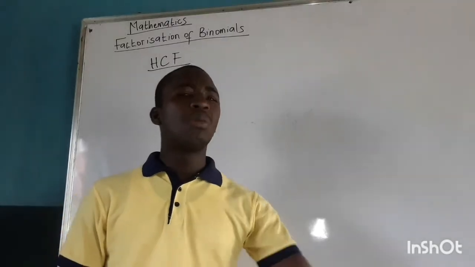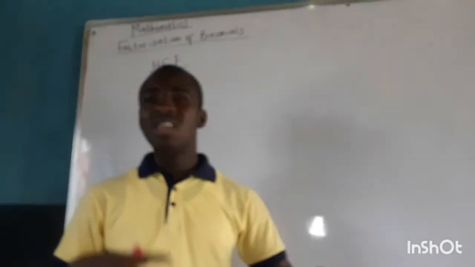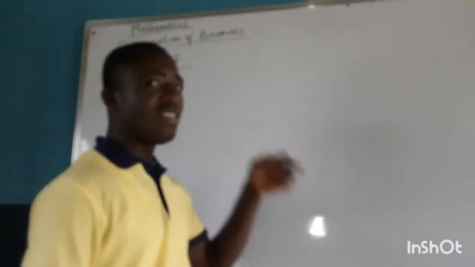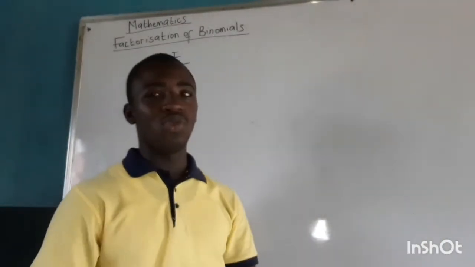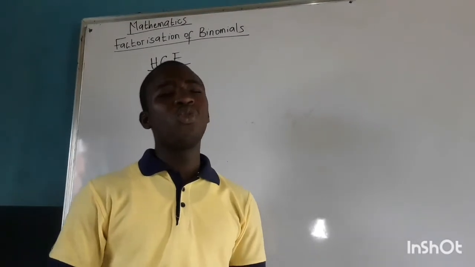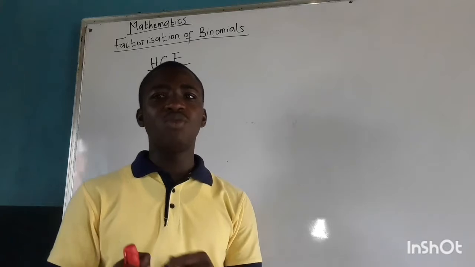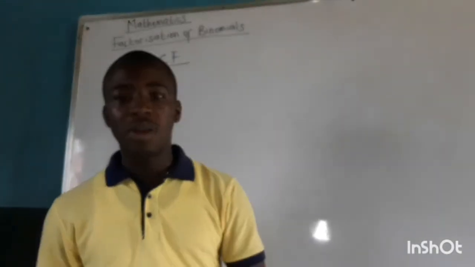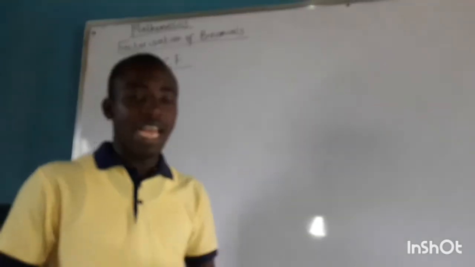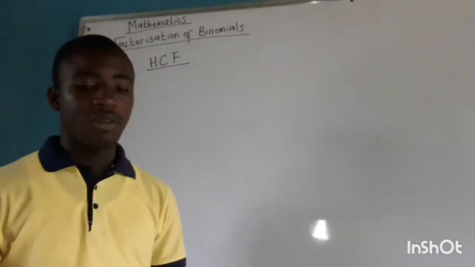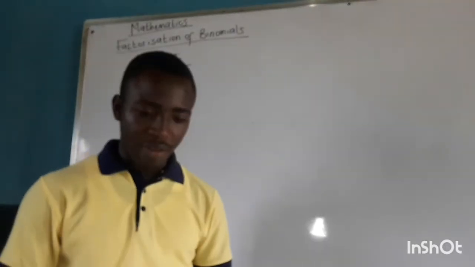We can go through the normal stage as well, but e go dey too long, because this is just one of the roads you will pass to go to your calculation, so we won't waste too much time. So we'll look at a very quick, short way of we find HCF of numbers. Then when we find the HCF of that number, we go use am for our binomials. So make we look at some examples.